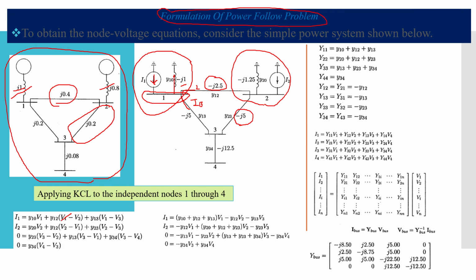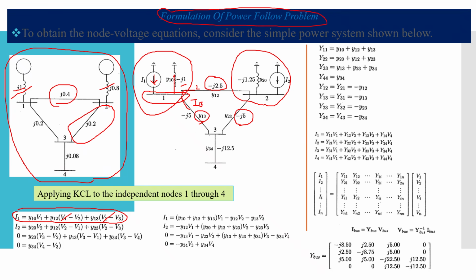Again, to obtain the current flowing from bus 1 to bus 3, we consider V1 minus V3 multiplied by this admittance. So I13 is obtained as Y13 multiplied by V1 minus V3. So for bus 1, the KCL is obtained as this equation.